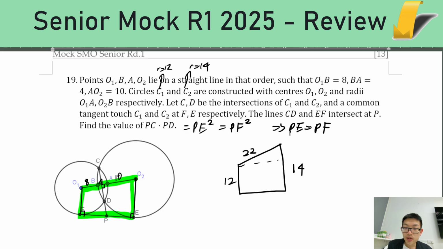Then this is 2. And so by Pythagoras, this is square root of 22 squared minus 2 squared, which is square root 480. I'm just taking out 1, 2, because it means that both of these are equal to square root 120, which is what I want to use to find, right? PE squared and PF squared are both going to be equal to 120.